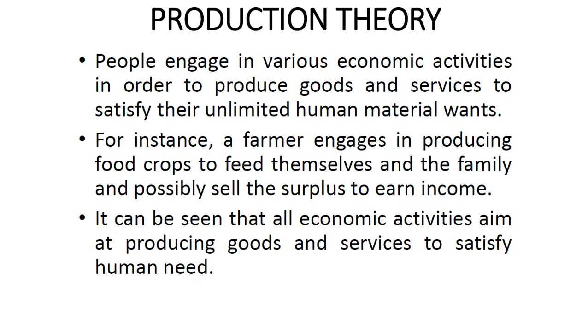Now, profit is a function of two main items: total revenue minus total cost. That is the function the producer seeks to maximize. So profit is equal to total revenue minus total cost.